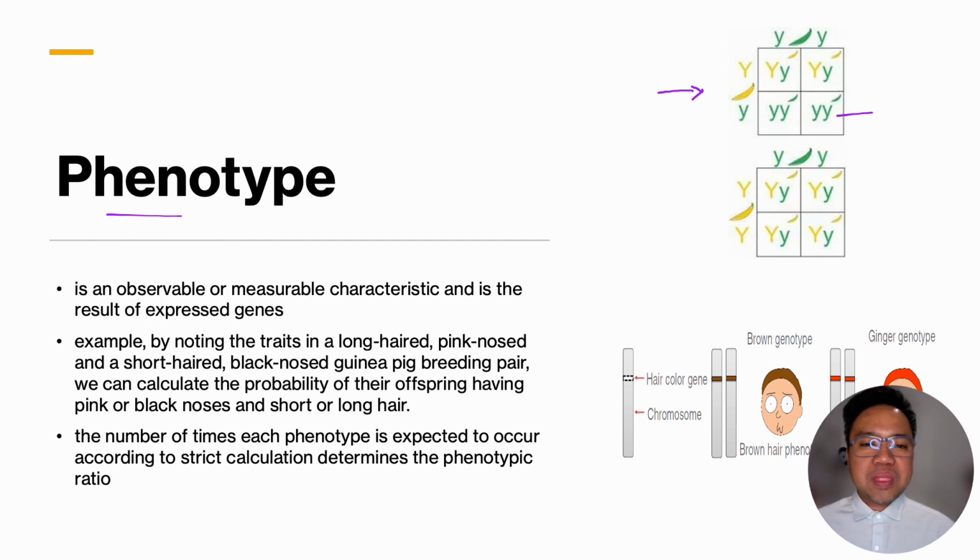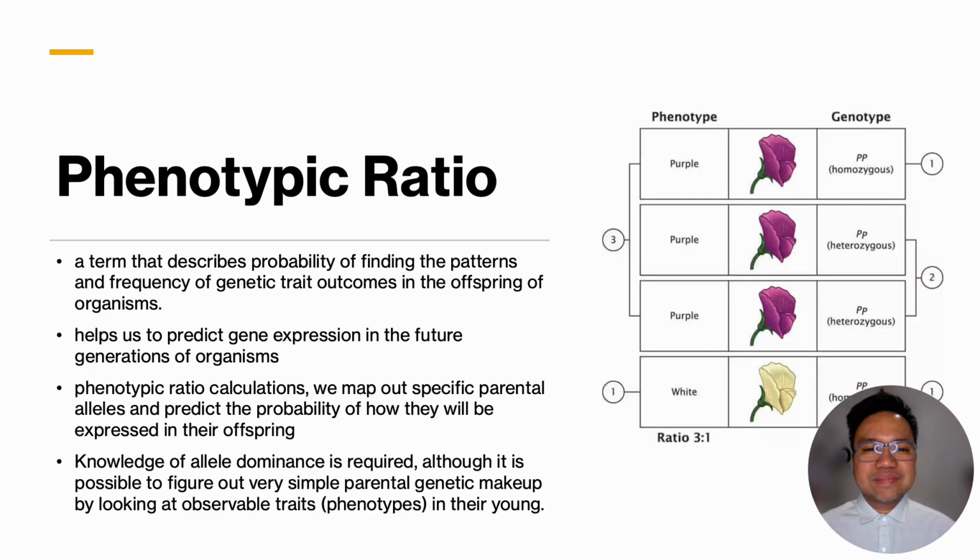to produce it. Phenotype is the physical expression of the genotype's instructions. By looking at our guinea pig examples, we'll predict the blend of traits in their offspring. The phenotypic ratio is our calculator, giving us the expected frequency of each trait based on strict genetic accounting. The phenotypic ratio helps us to predict gene expression in the future generations of organisms.